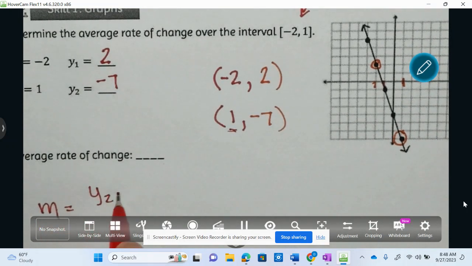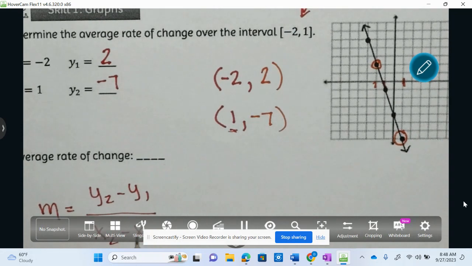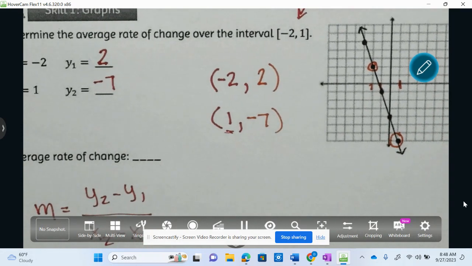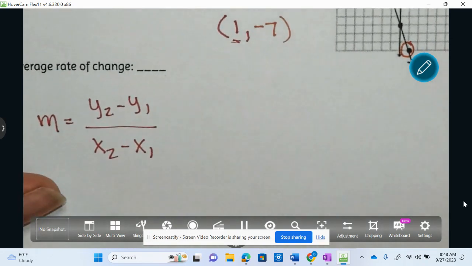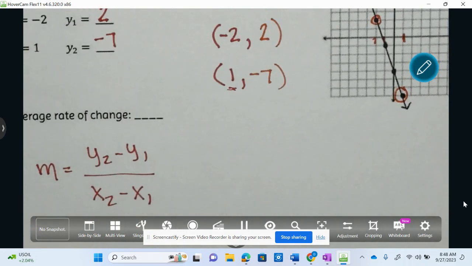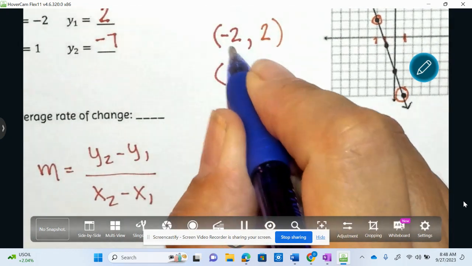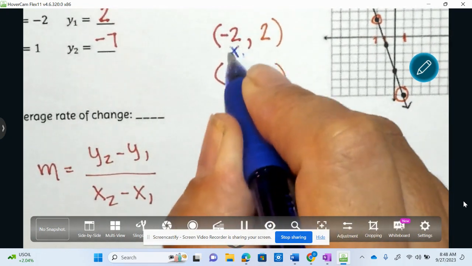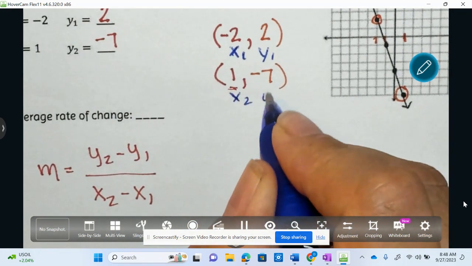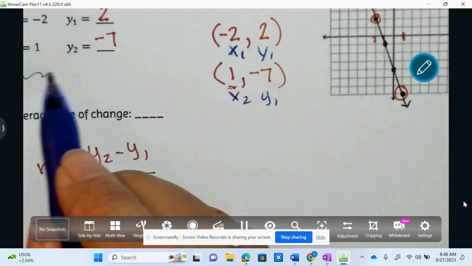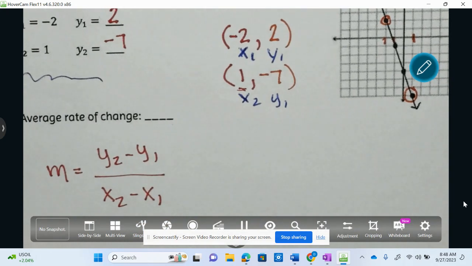Remember, y sub 2 minus y sub 1 over x sub 2 minus x sub 1. I'm going to label my ordered pairs: x sub 1, y sub 1, x sub 2, y sub 2. And I know that they're labeled right here for you.